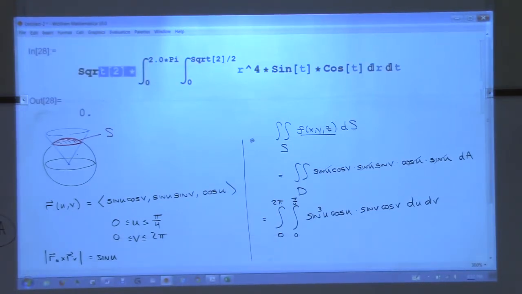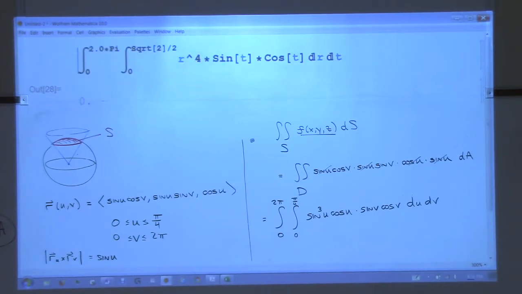So we don't have that anymore. 0 to 2 pi, and then pi over 4. And then this one, this is going to be kind of messy.